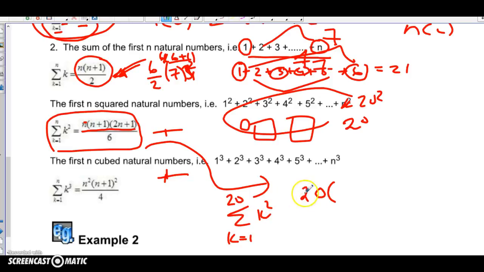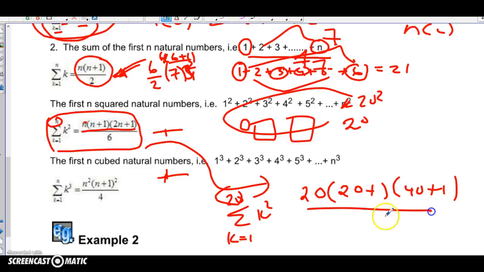So I want 1 squared plus 2 squared all the way to 20 squared. My 20 is n, so look up here, that's n, that's 20. I can just use this right here: 20 times 20 plus 1, and then 2 times 20 is 40 plus 1, all over 6, and I'll get the total. So 20 times 21 times 41, all over 6, and that'll get me the total of the first 20 terms.